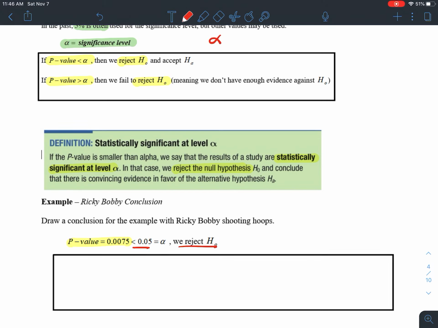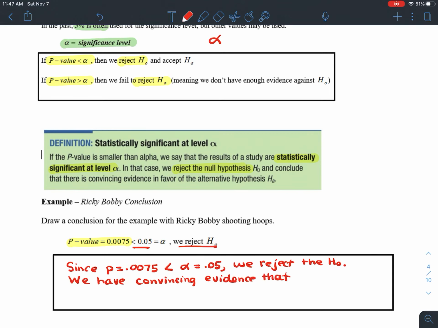You should state since P, which is 0.0075, is less than the alpha level of 0.05, we reject the null hypothesis. Okay, that's your first statement. And then you go on and say, we have convincing evidence that, okay, now if we're rejecting the null hypothesis, that means the evidence is now in favor of the alternative hypothesis.